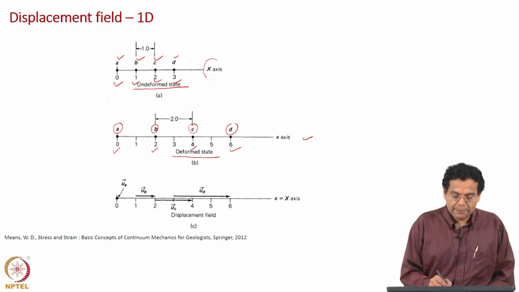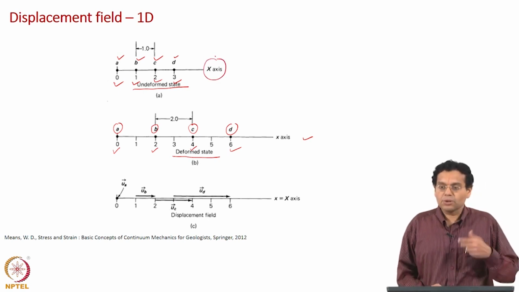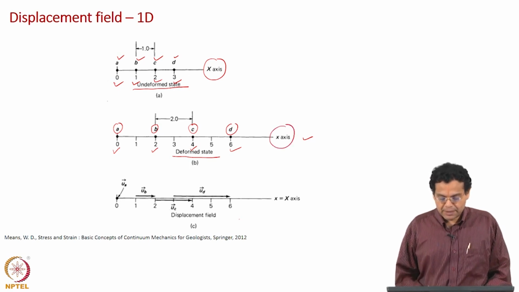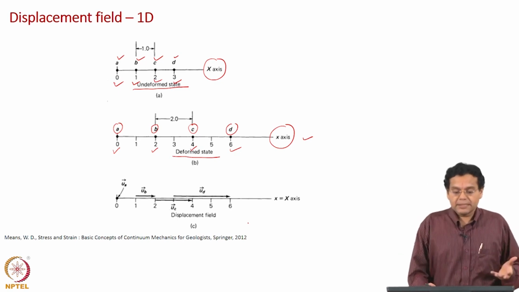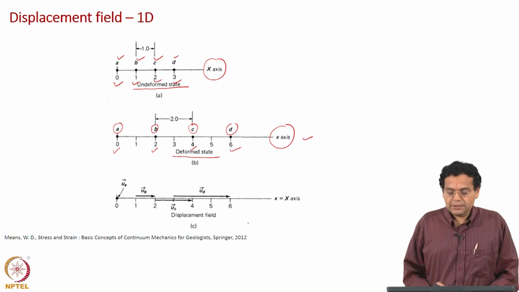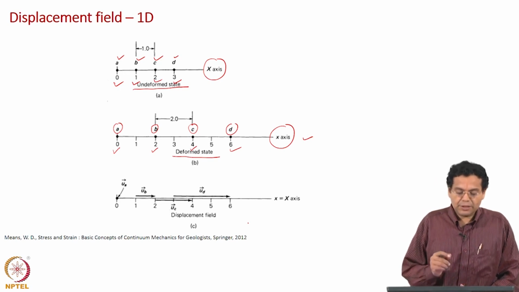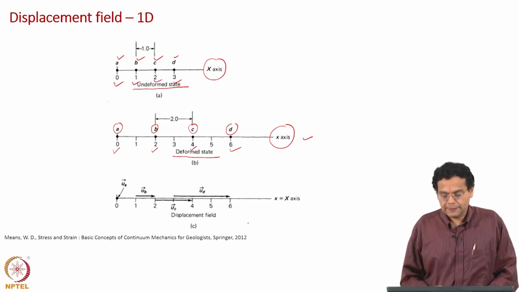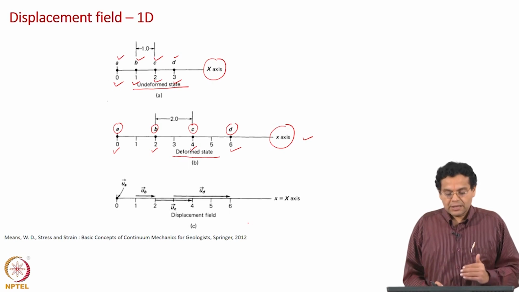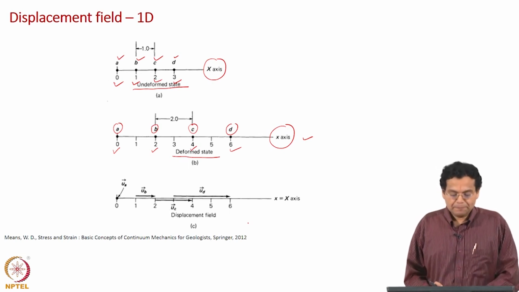Capital X represents the old coordinates, small x represents the new coordinate axis. The points A, B, C, D have in terms of values, capital X equal to 0, 1, 2, 3 for the undeformed state, small x is equal to 0, 2, 4, 6 are the position in the deformed state.